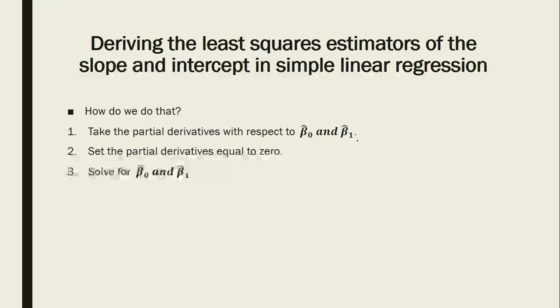We should make sure that we found a minimum and not a maximum, or we could check the second order condition. We are not giving the detail of that here, but it will correspond to the minimum possible sum of squared residuals.